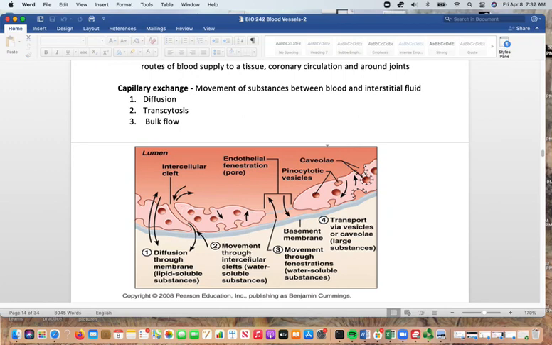So here you can see movement through intercellular clefts, water-soluble substances. Then you can have movement through fenestrations, where you've got bigger holes, and then transport via vesicles. So it's going to have to go into a vesicle. The vesicle will then cross and lead it over to the other side.